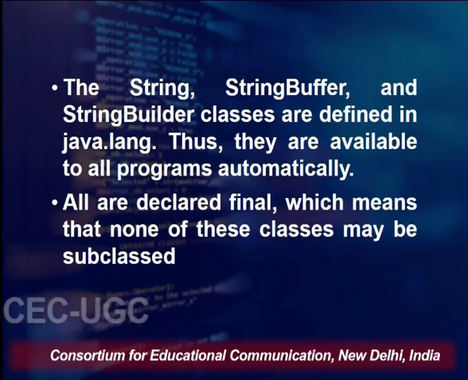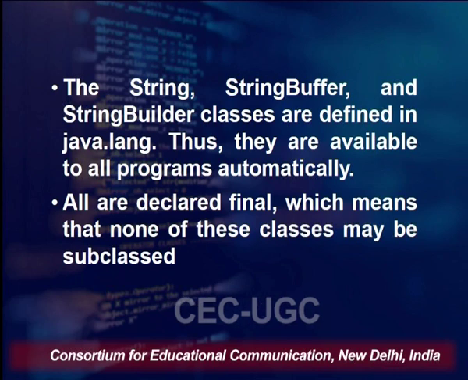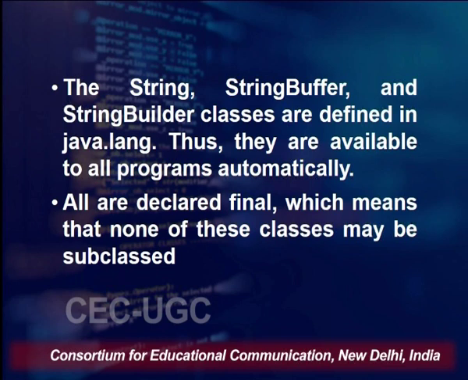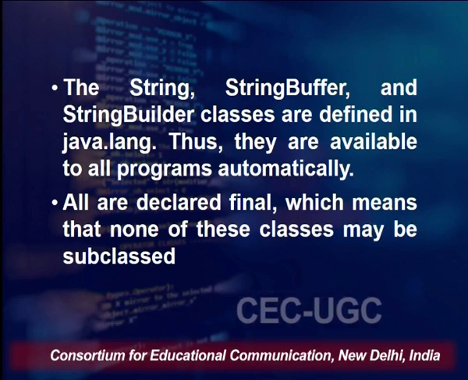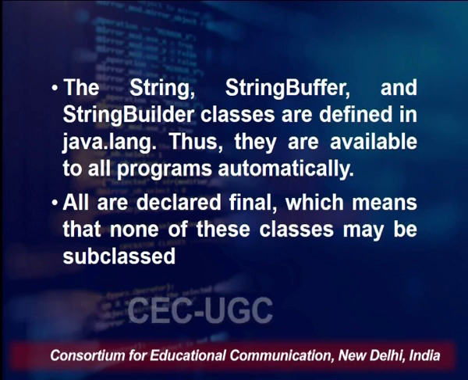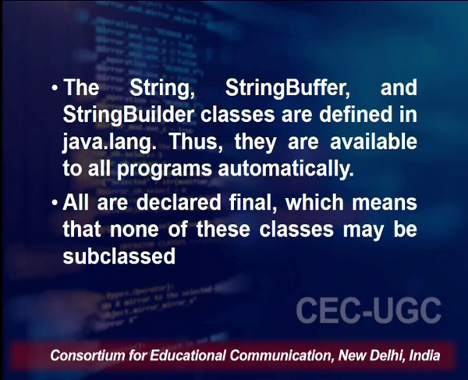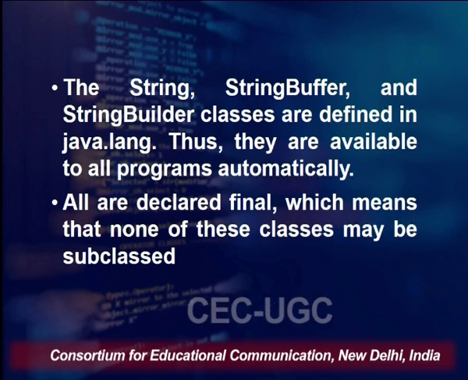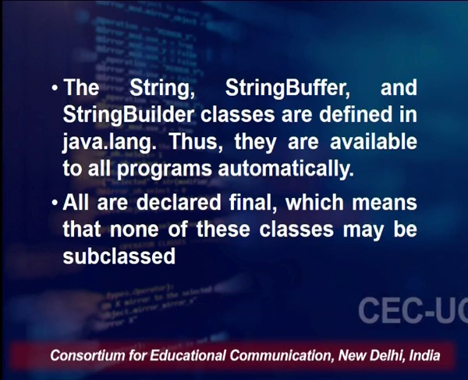Now, I have told you that there are three similar, peer classes. One is String, another one is StringBuffer, and third one is StringBuilder. All these three classes are defined in java.lang. What does it mean? Whatever classes are defined in this module, java.lang, are available to all the programs automatically. That means we need not have any import statement in order to use the String class, that is, import java dot string or something of that sort.